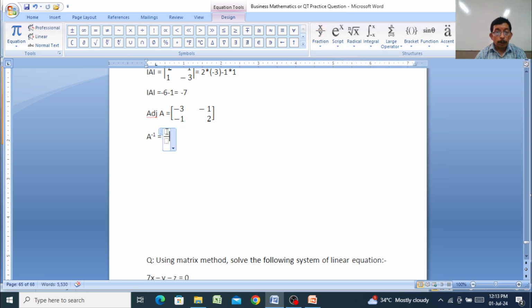A inverse is equal to the adjoint of A upon the determinant of A.